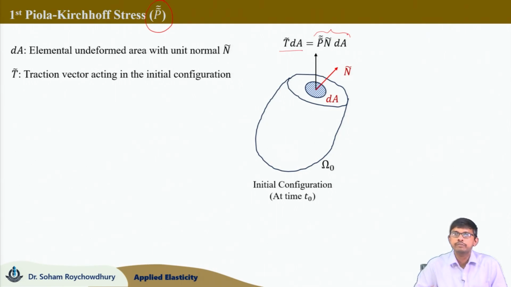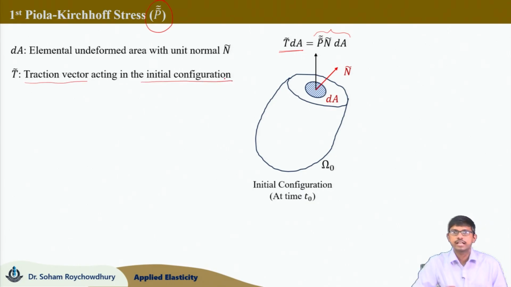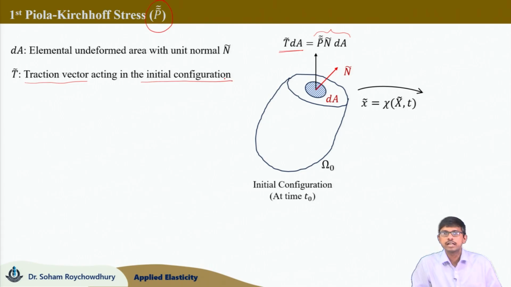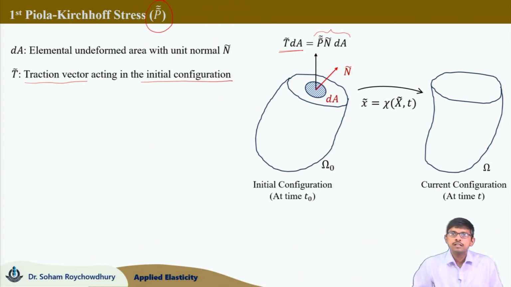How is it coming? That we will discuss afterwards. So, the force acting on the small area dA is capital T times d capital A, where capital T is the traction vector acting in the initial configuration. Now, moving forward, if you are going for the transformation which is defined through the deformation gradient tensor F, the current configuration body is shown here with capital omega at any time t.